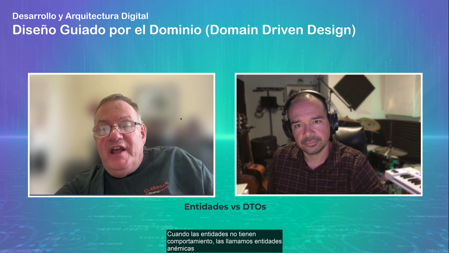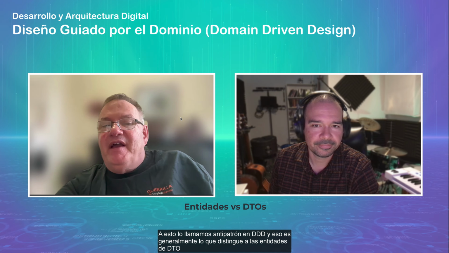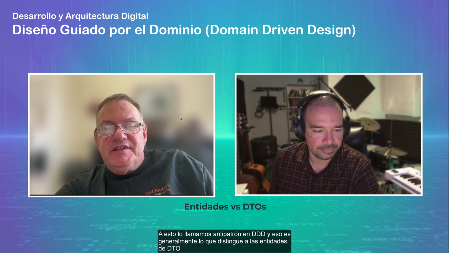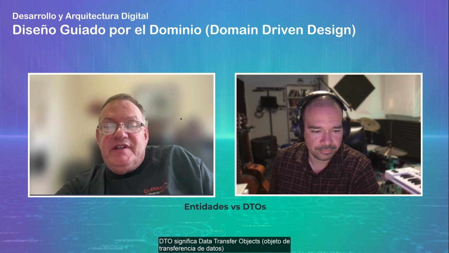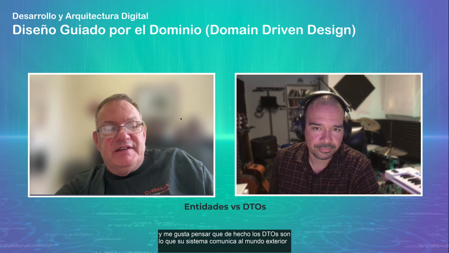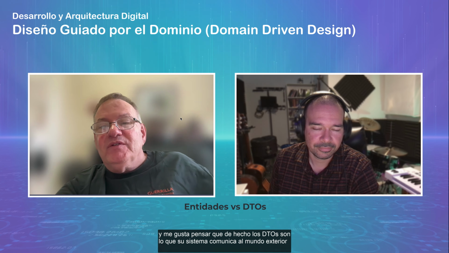When entities don't have behavior, we call them anemic entities, which is what we call an anti-pattern in DDD. And that's usually what distinguishes entities from DTOs. DTO stands for data transfer object. And what I like to think of is that DTOs are what your system communicates to the outside world.